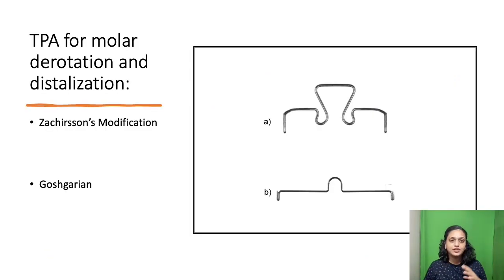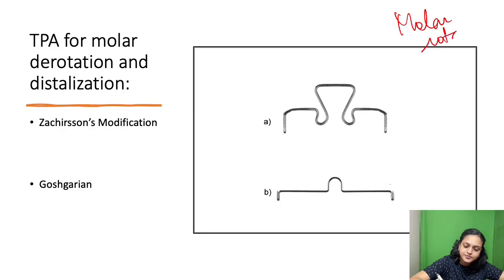So next is your TPAs. TPAs can also be used for distalizing. You can activate, push the TPA front, pull it back and engage, but it is mostly commonly used for correction of molar rotations, and as space maintenance as you would have studied, and as well as maintaining the anchorage. So there are two types of TPA.